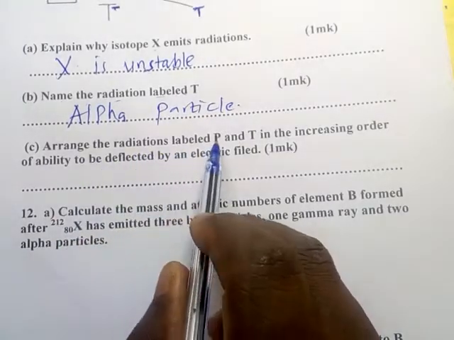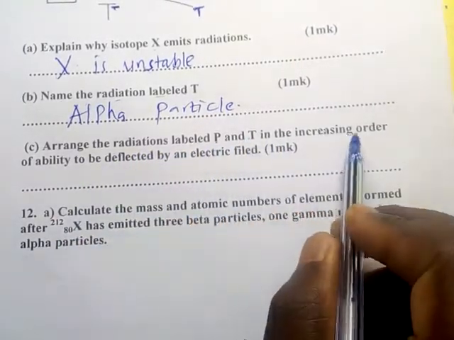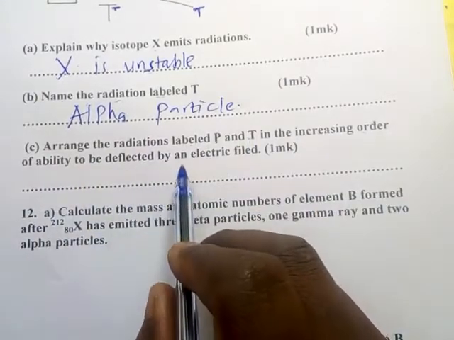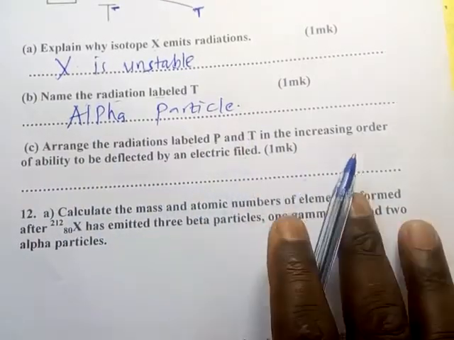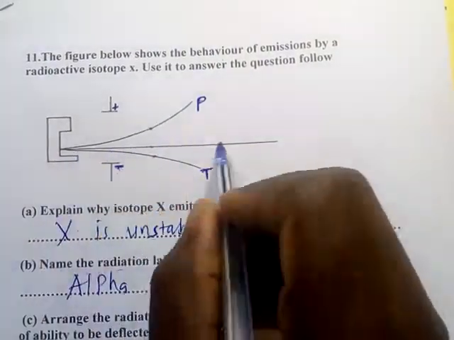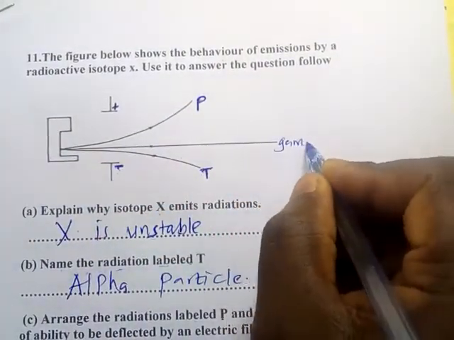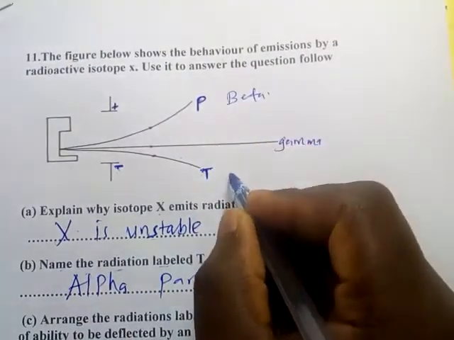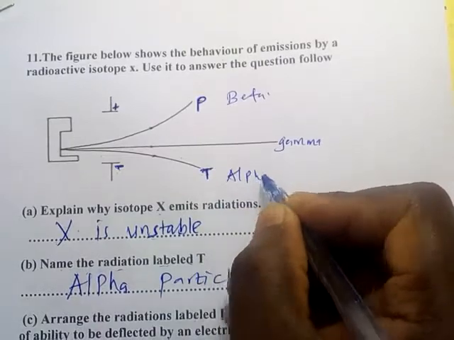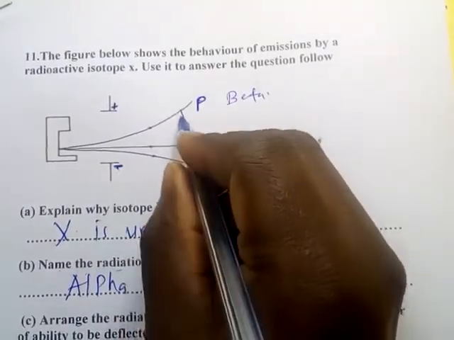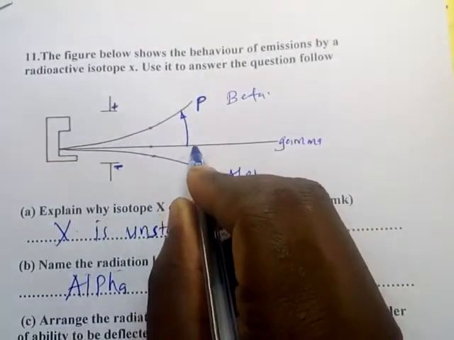Arrange the radiations labeled P and T in increasing order of ability to be deflected by an electric field. Now consider this: remember this is gamma. It means this is beta, because we have said this one is alpha. Look at the deflection from gamma, and look at the deflection here.